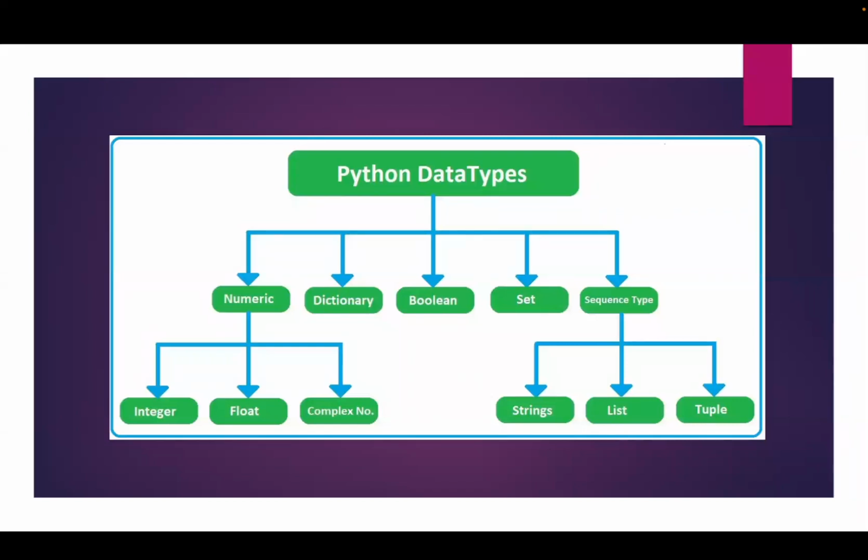And float: in float we can store fractional portions of data, like 2.3, 2.5, 2.7. And similarly, complex numbers, maybe everyone is aware of that: 2 plus 3j, 1 plus 5j. So this is numeric. Does anyone have any doubt?